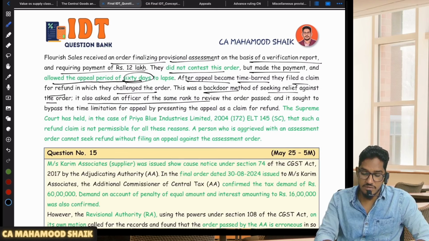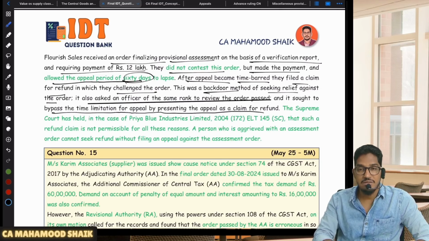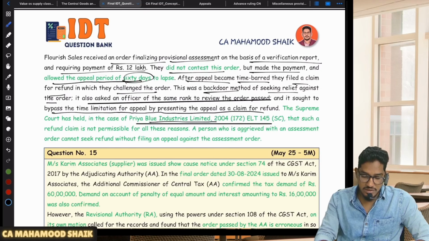It also asked an officer of the same rank to review the order passed. So this is an assumption, and is sought to bypass the time limit for appeal by presenting the appeal as a claim for refund. So the ultimate summary is you are trying to bypass the time limit by filing it as a refund claim. The same kind of judgment has come from the Supreme Court in Priya Blue Industries Limited. There the judgment has been given that such a refund claim is not permissible for all these reasons.